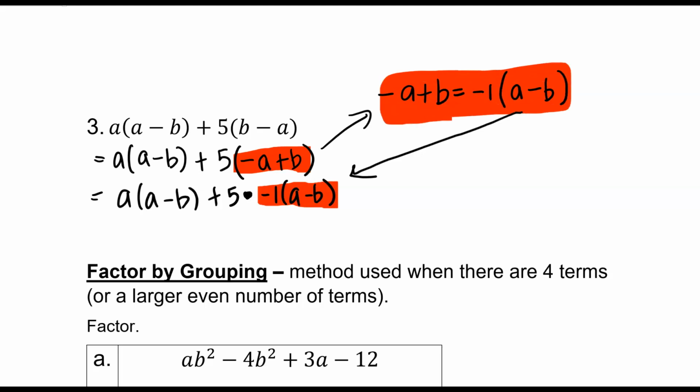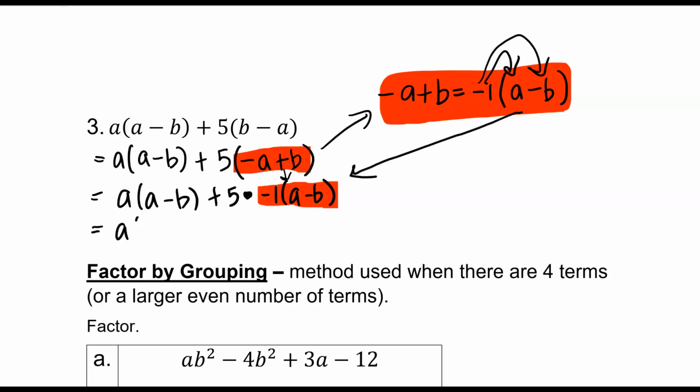Because we just factor out a negative 1, and this means the same as negative A plus B, right? So what I did was switch them out. Instead of writing negative A plus B back over, I wrote negative 1 times A minus B because they are the same.